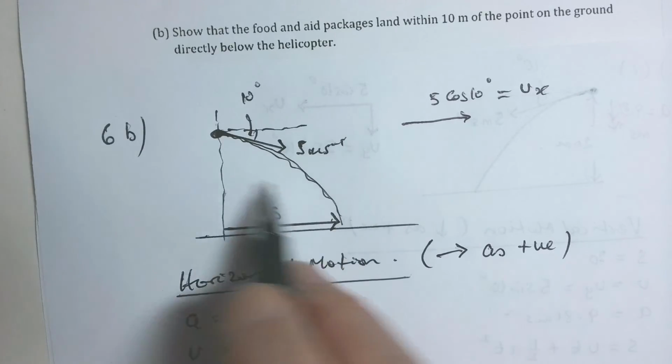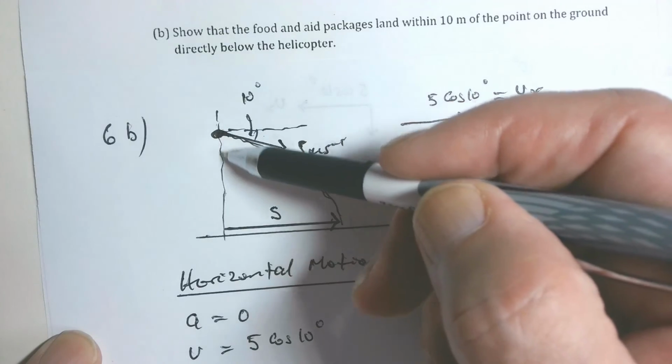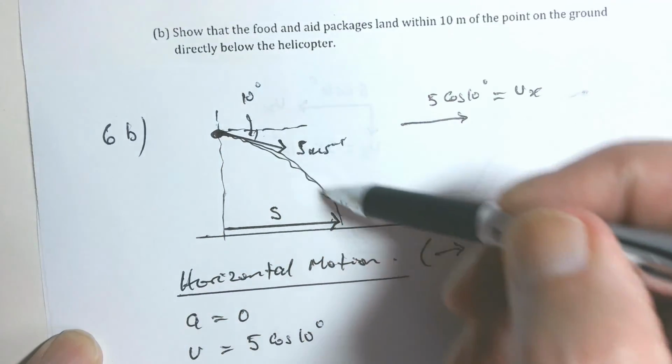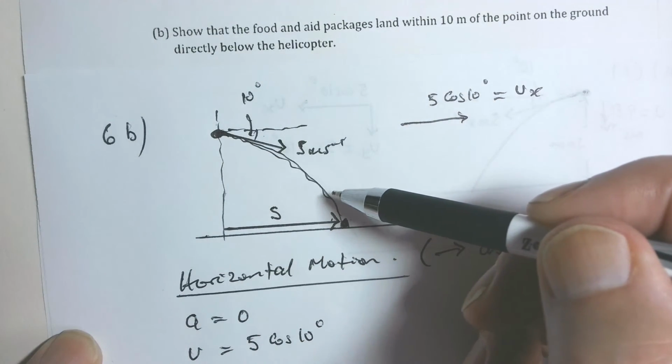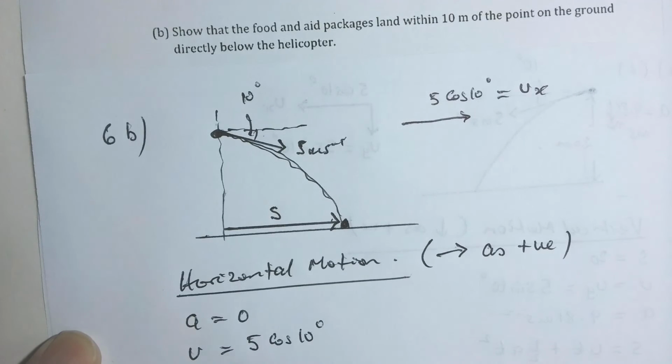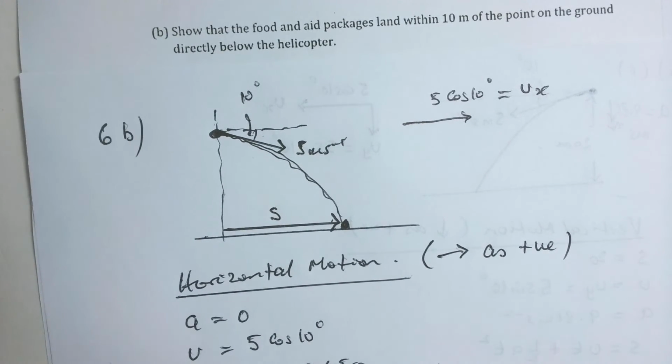We know the time from the first part of the question, the time this package takes to come down to there is 1.933650 seconds, etc. It's the same time. So we know the time, and we just want to work out the distance s.